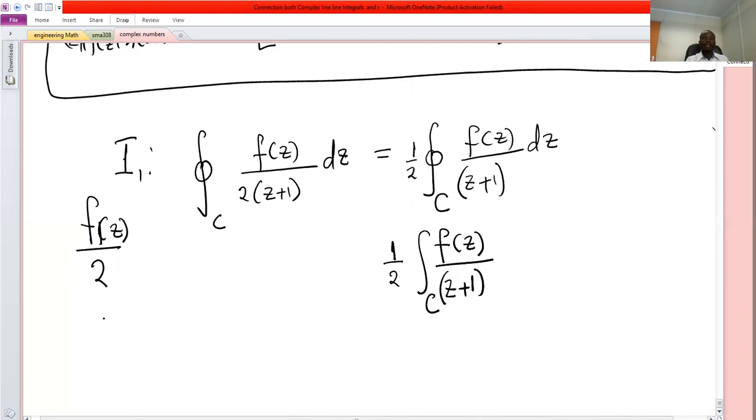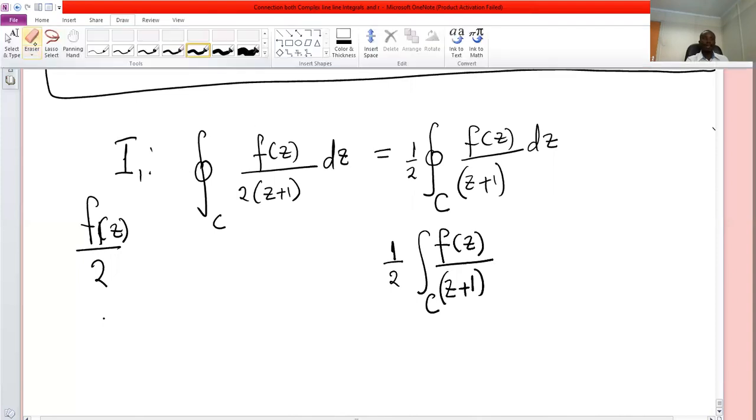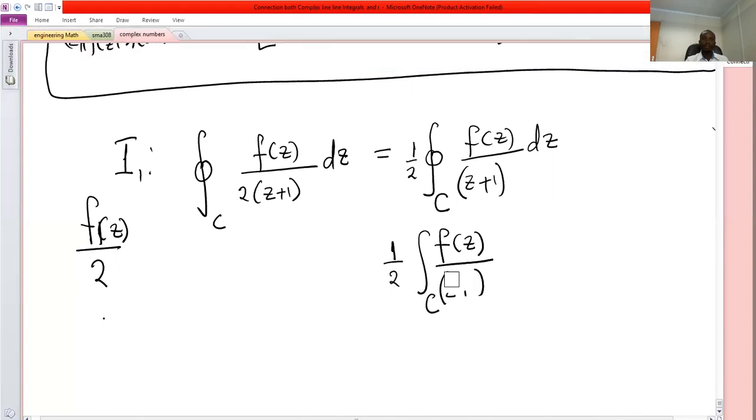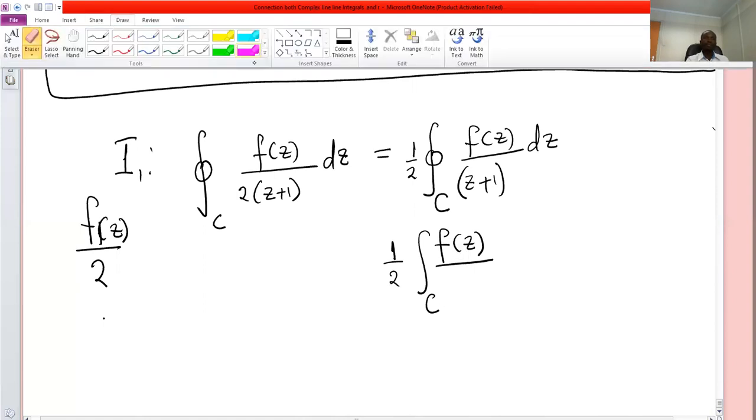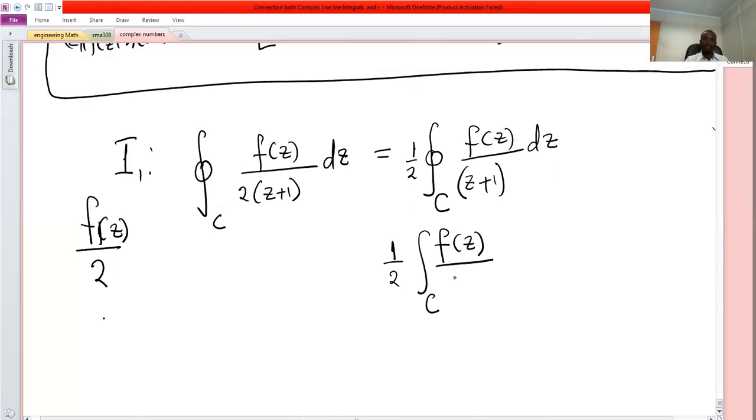This can be written as z minus negative 1, so that now we have that negative sign, dz.